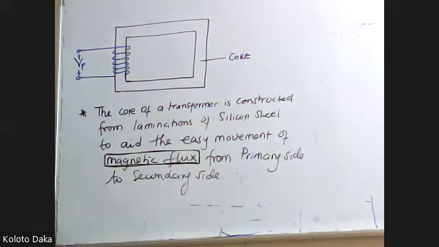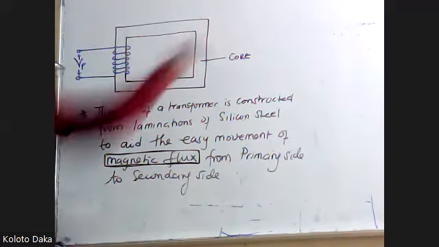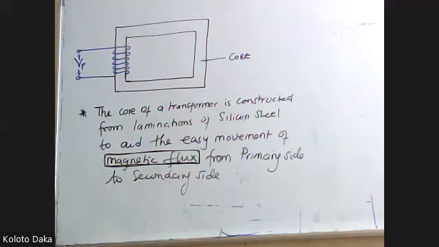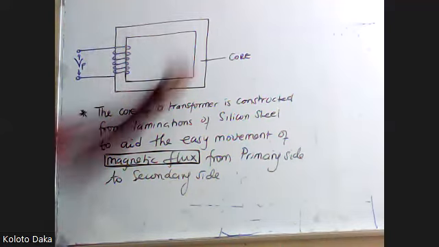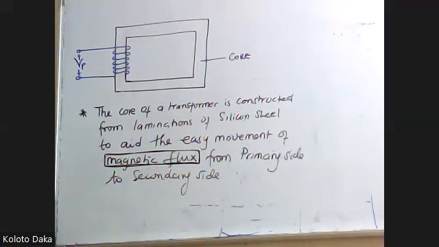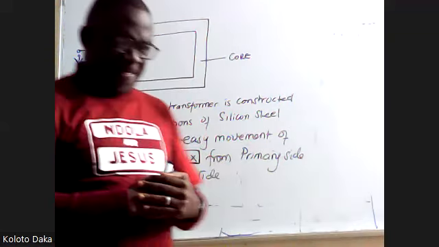We have said the purpose of the core is to allow magnetic flux to pass around it. But where does it come from?